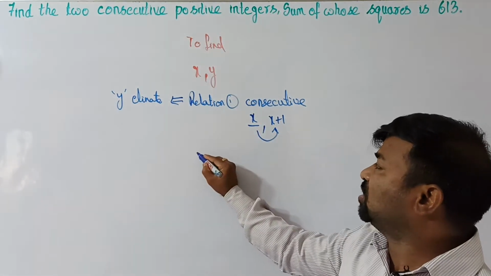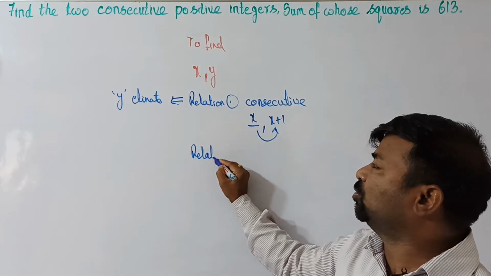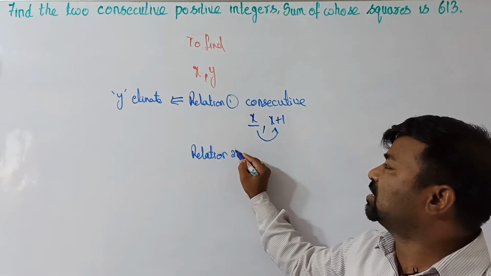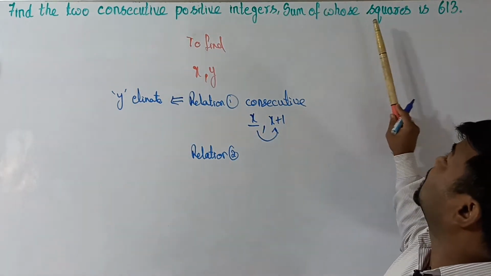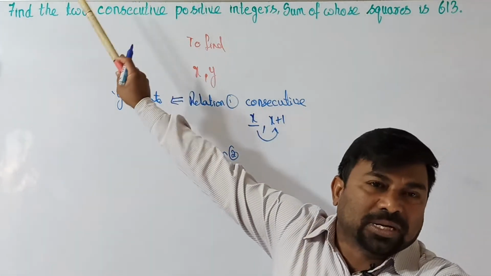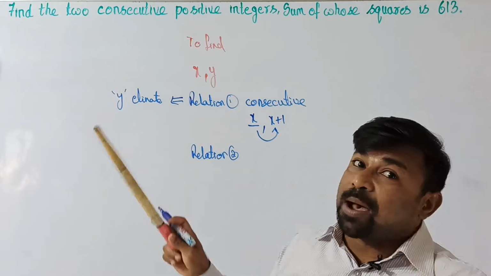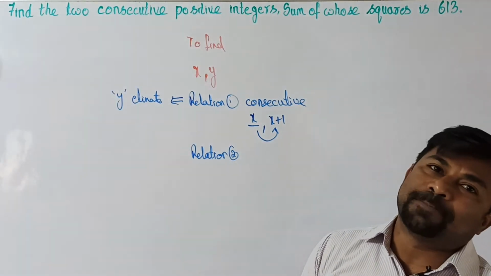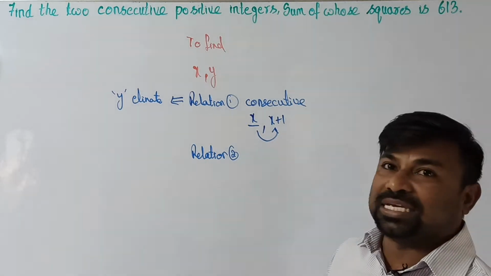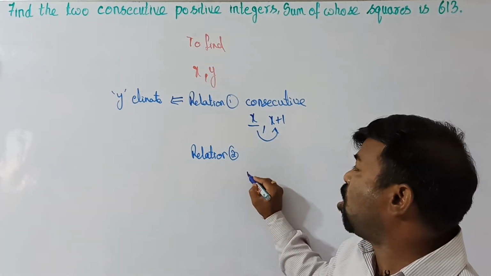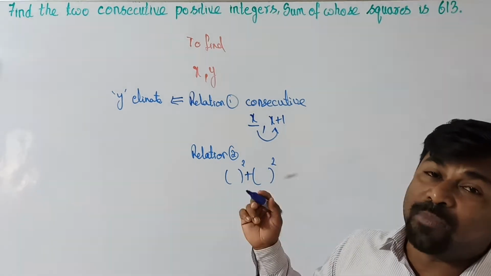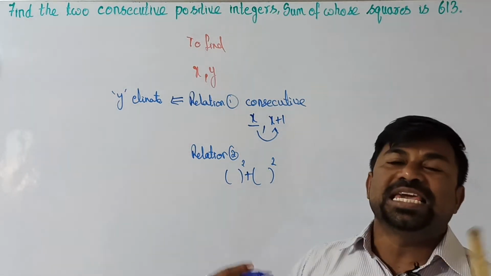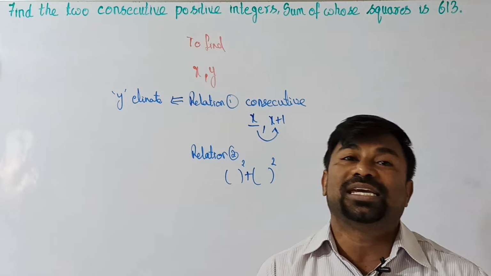Now let's go to relation 2. What he says is that the sum of the squares of the two numbers is 613.